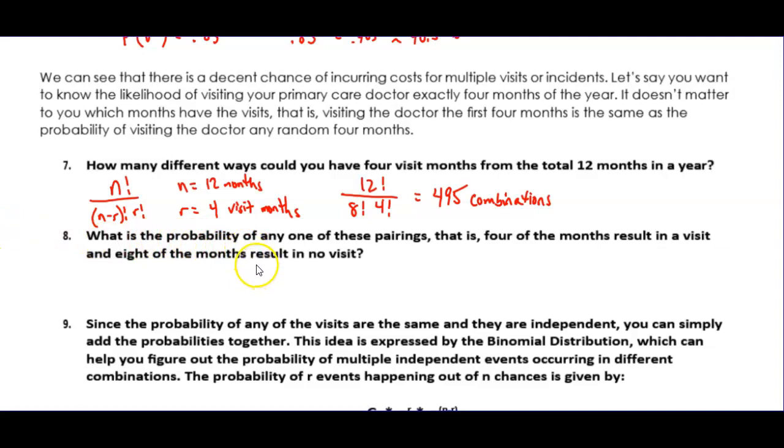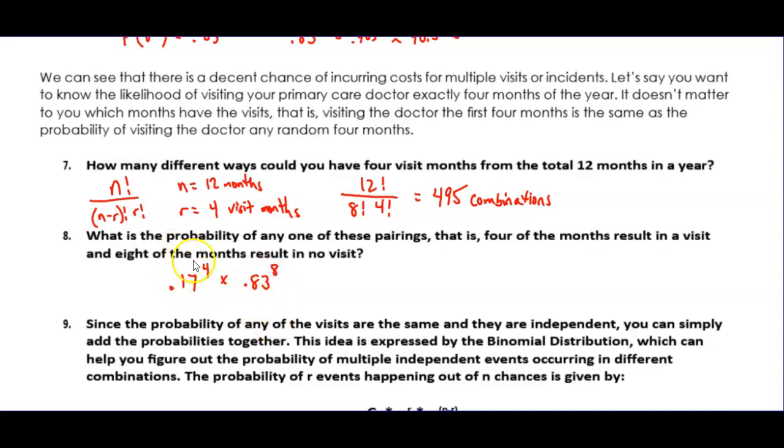So the way we want to see about this is the 4 months that you visit all have a 17% chance. Okay? The 8 months that you don't visit have an 83% chance.